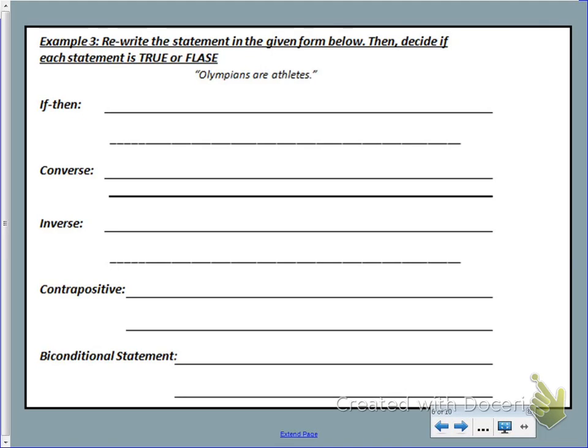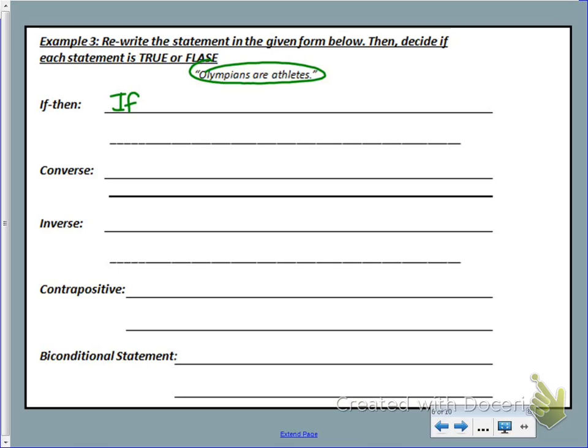Example 3 says to rewrite this statement in the given form below. Then decide if each statement is true or false. So first of all, we have a statement. Olympians are athletes. We're going to take that and put that in if-then form. So we're going to include some more words to be a little more specific.